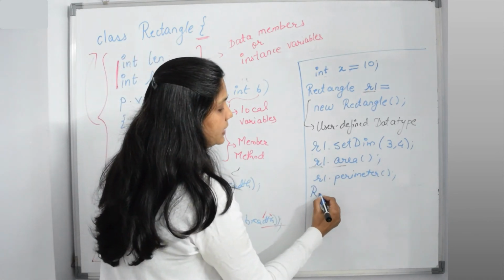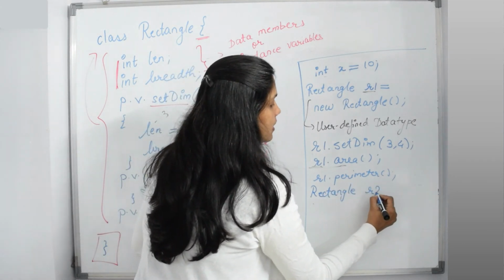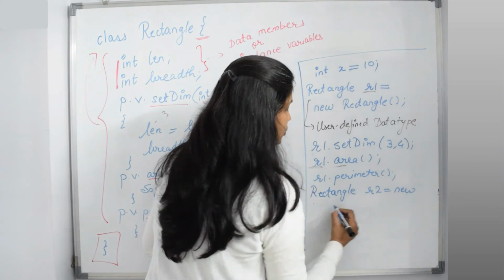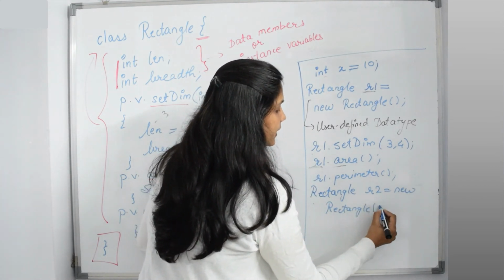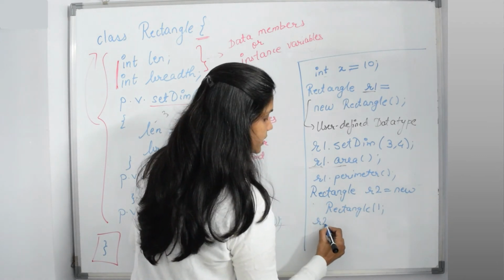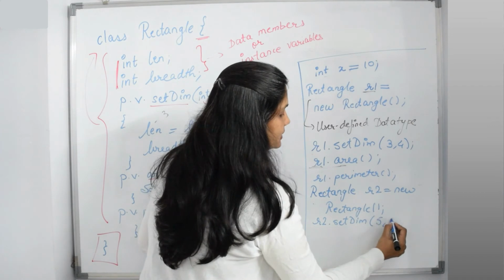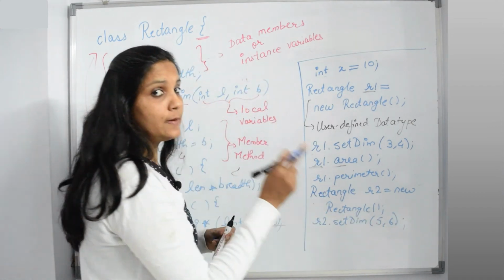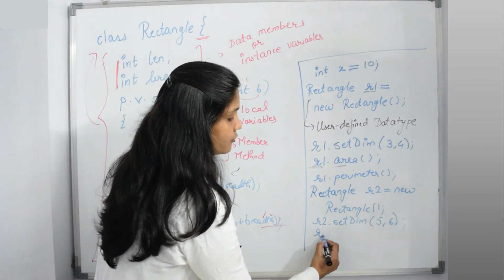Same way if I create one more object, so I can say rectangle R2 is equals to new rectangle, and then I can set the dimensions R2 dot set dimensions, passing in the value 5 by 6. Now the second object R2 has dimensions 5 by 6.